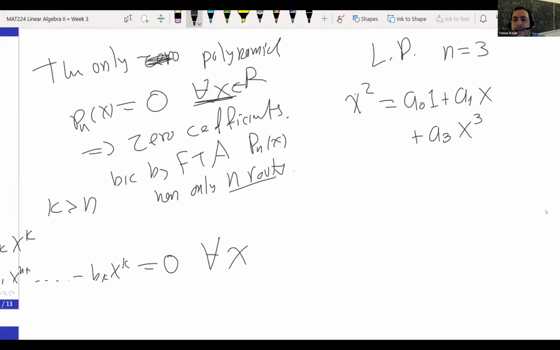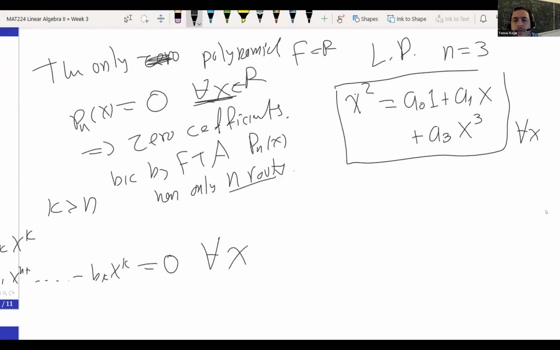To have linear dependence for that thing we just wrote, you will need to have this be true for all x in our field, which we take to be real or complex. But then you can rearrange this if you like.